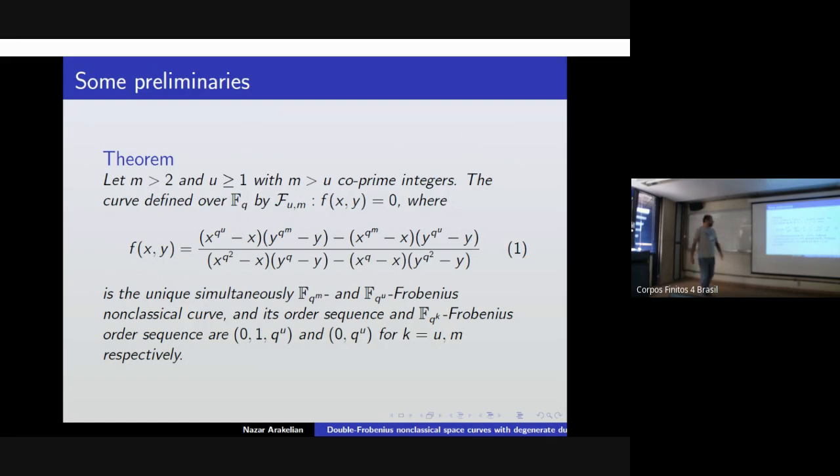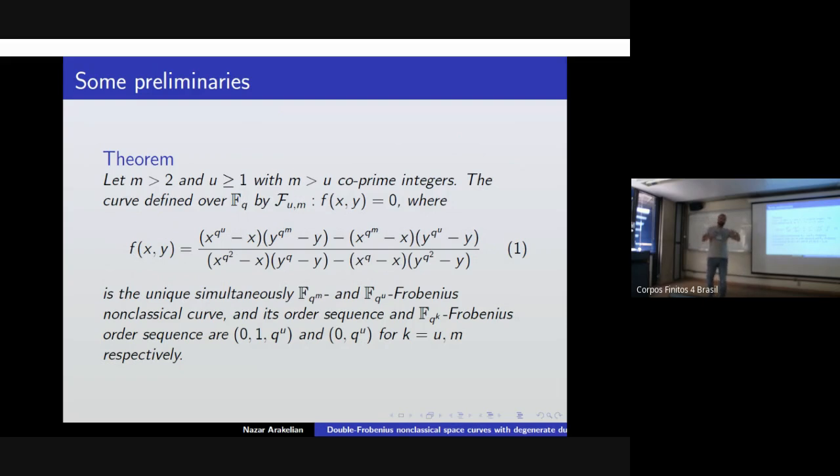So not everything, but many things are known about this curve. But this is for plane curves. When you are in higher dimensional spaces, you don't have a unique double Frobenius non-classical curve. You can have infinitely many non-isomorphic double Frobenius non-classical curves. However, I would like to understand what happens if I put an extra condition on the dual.